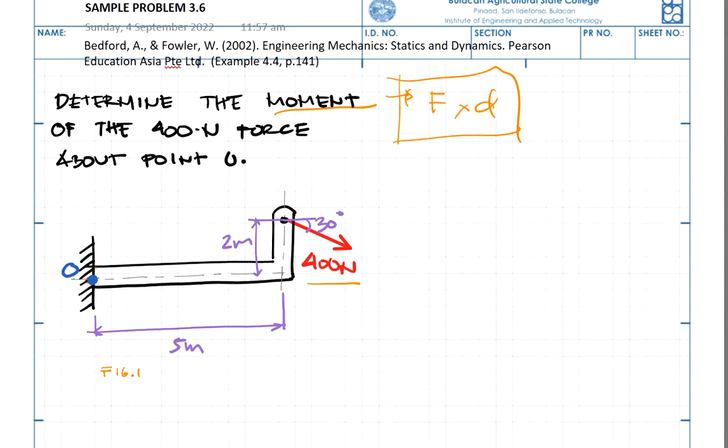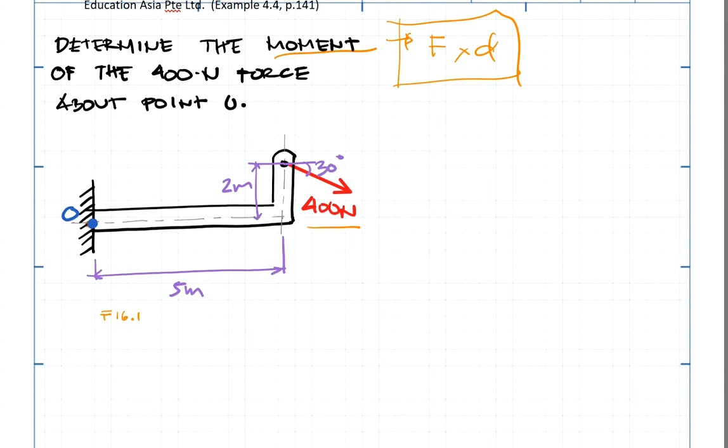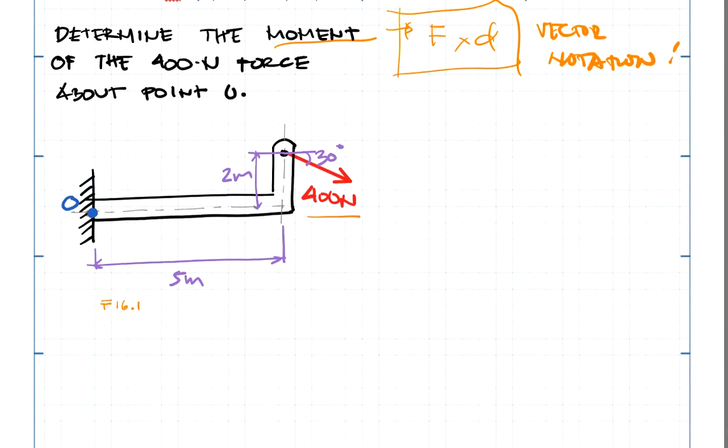So our technique, if we are going to solve this problem using vector notation, is that of course we need to use the vector notation forms.